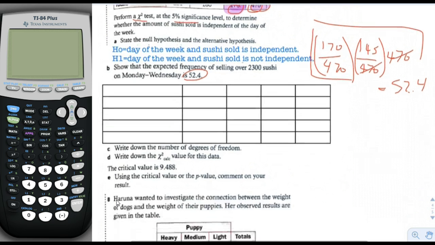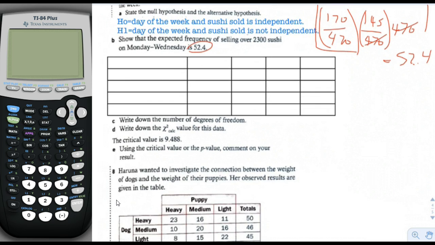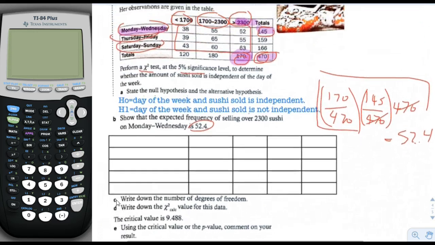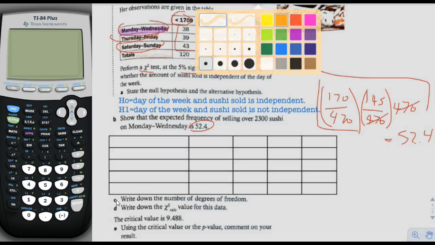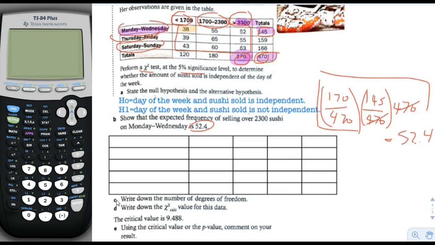Write down the number of degrees of freedom. Well, that's easily calculated, right? If we tried to construct a matrix like this, we could choose a maximum of 4 values, and the remaining values would be automatically calculated from the values we already chose.